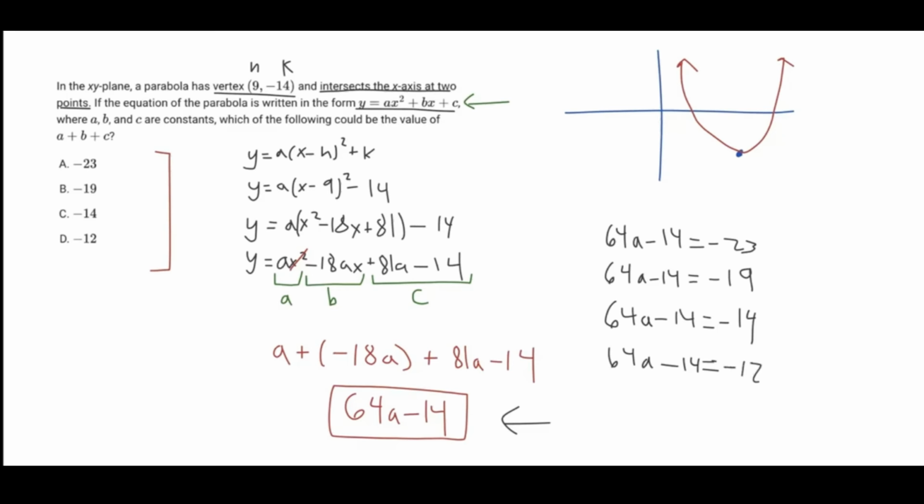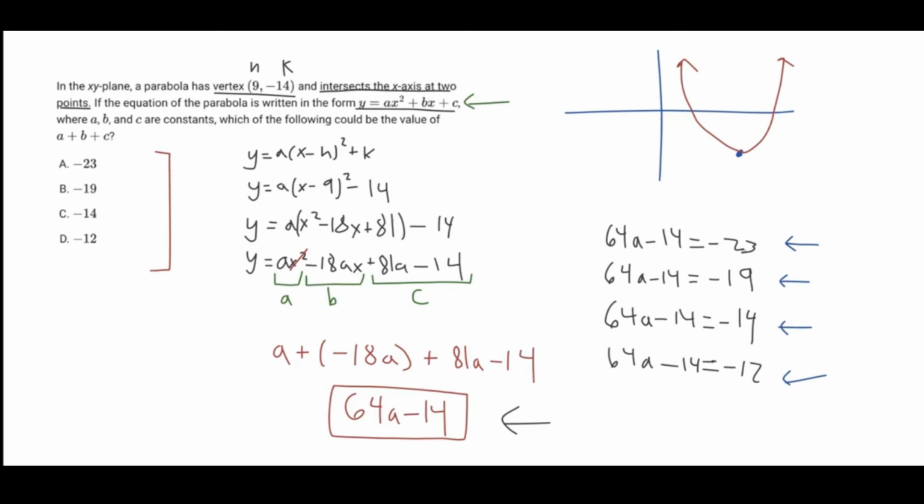So now we know that in order for our a plus b plus c to work out, the a value has to be positive. So we'll find the a value for each of these equations and see if it works out. We'll work from top to bottom. For our first equation, with some simple algebra, we can add 14 on both sides.